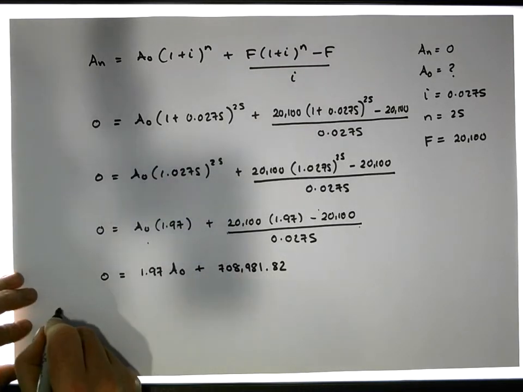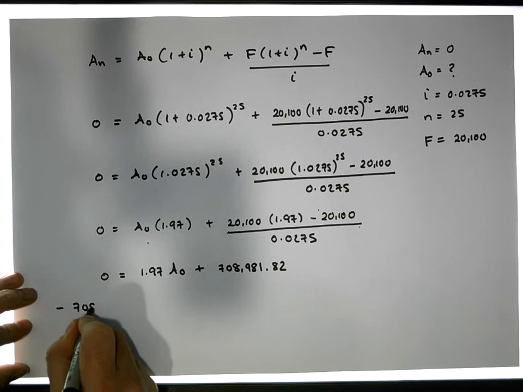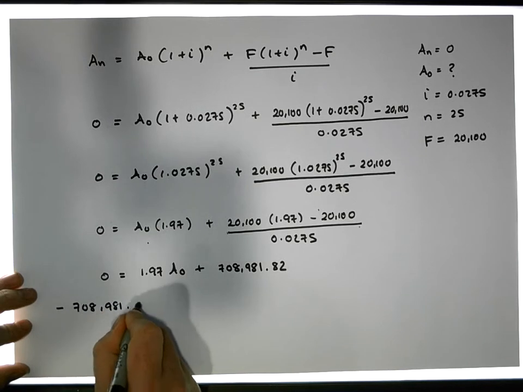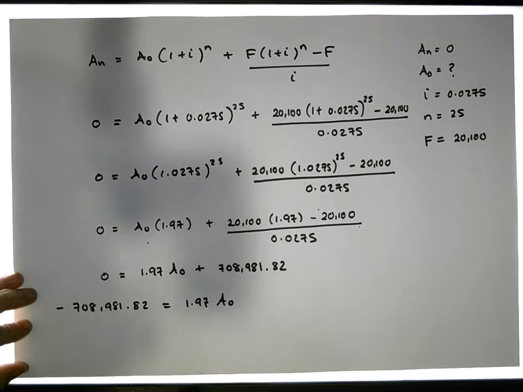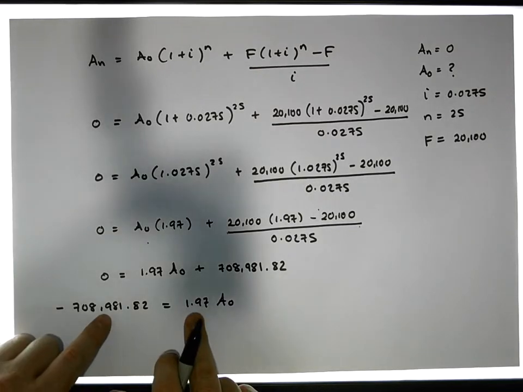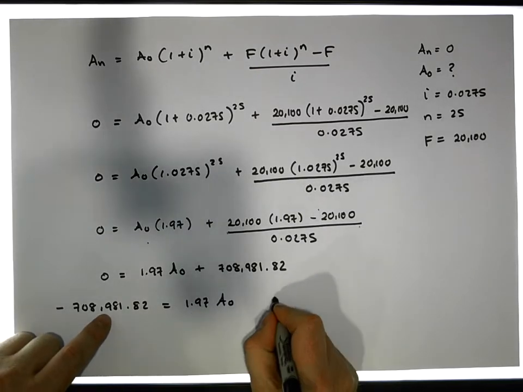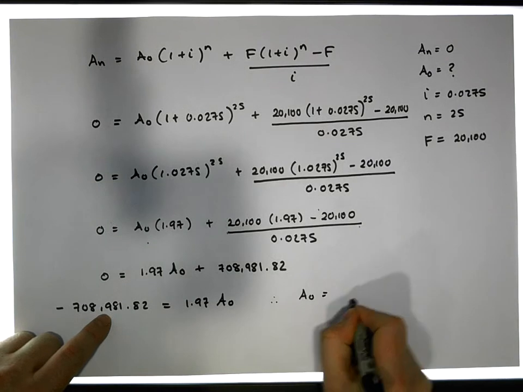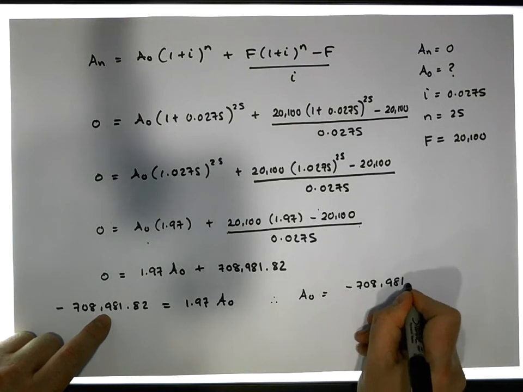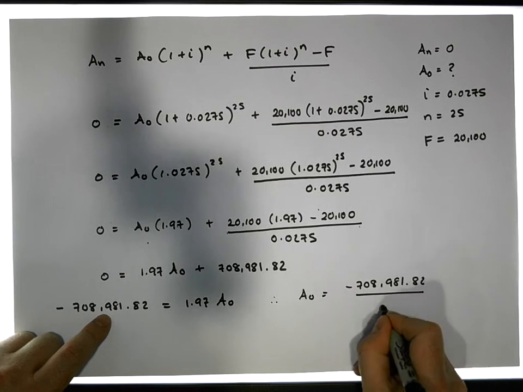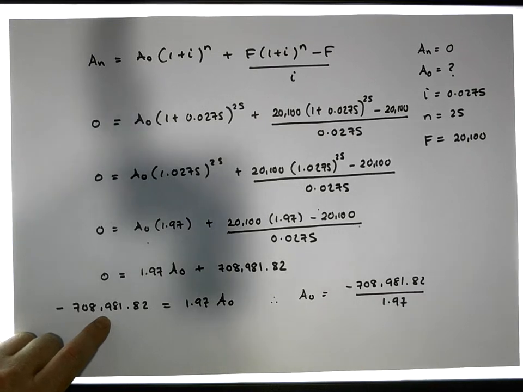So it's going to go minus 708,981.82 must be equal to 1.97 a0. And we can divide both sides by 1.97. So therefore, we have a0 must be equal to minus 708,981.82 divided by 1.97.